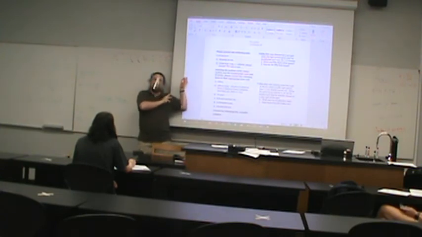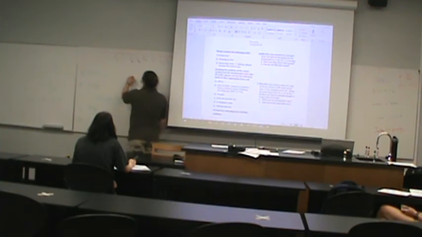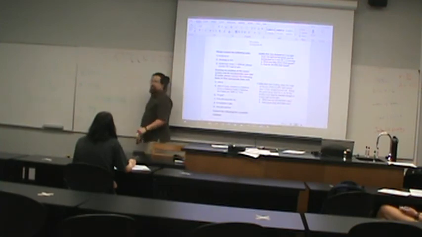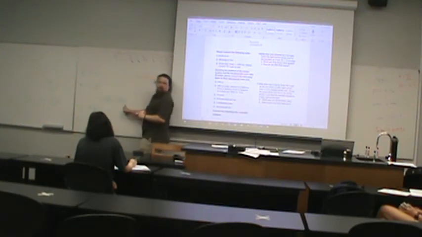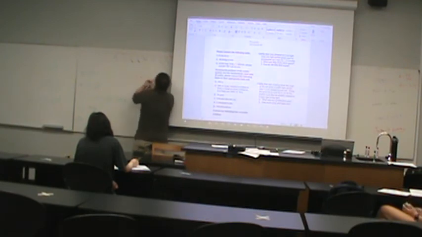What was the initial velocity? 0. So that whole term is just going to go away. 0 times t is 0 plus 1/2 times a times time squared. You still want time in seconds, seconds unless I tell you otherwise. So we're going to plug in 72 and then square it.